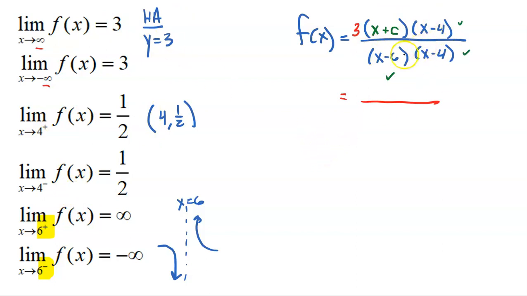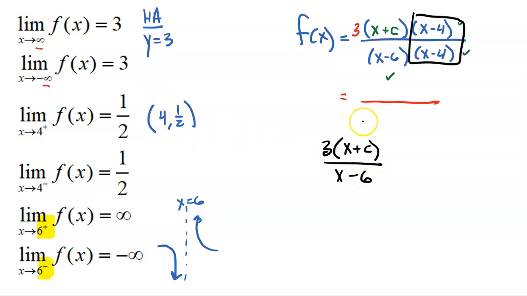All right, so remember, how do you find the hole? You plug 4 into what was left over, and when I do that, I get a 1/2. So I'm going to actually ignore the x minus 4s for a second. I'm going to focus on the 3 times (x plus c) over (x minus 6). Because I know that when I plug 4 into what is left over after that common factor is removed, I need to get 1/2.